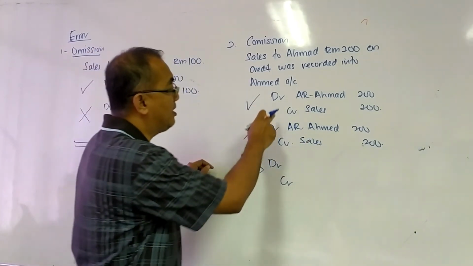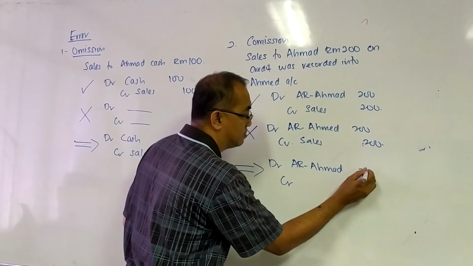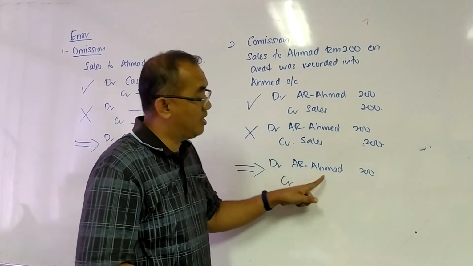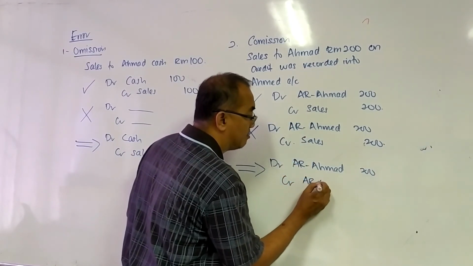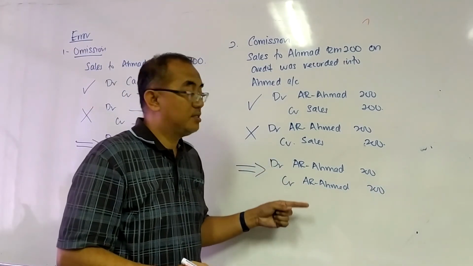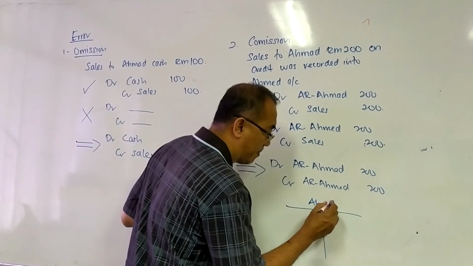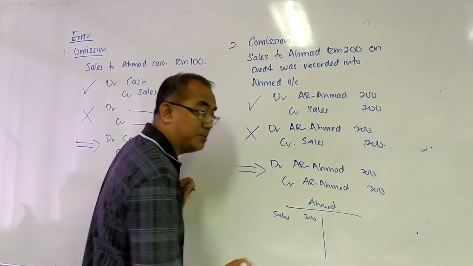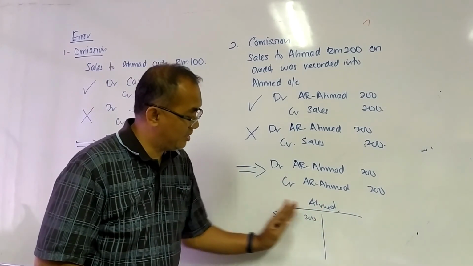So take Ahmad, the correct one, and park it first. Debit Ahmad. So Ahmed can't go in anymore, because the real Ahmad has taken it. So now Ahmed should be at the credit side, because we zeroize Ahmed. Before this, if you look at Ahmed's account, you had done sales 200 here, debit Ahmed.